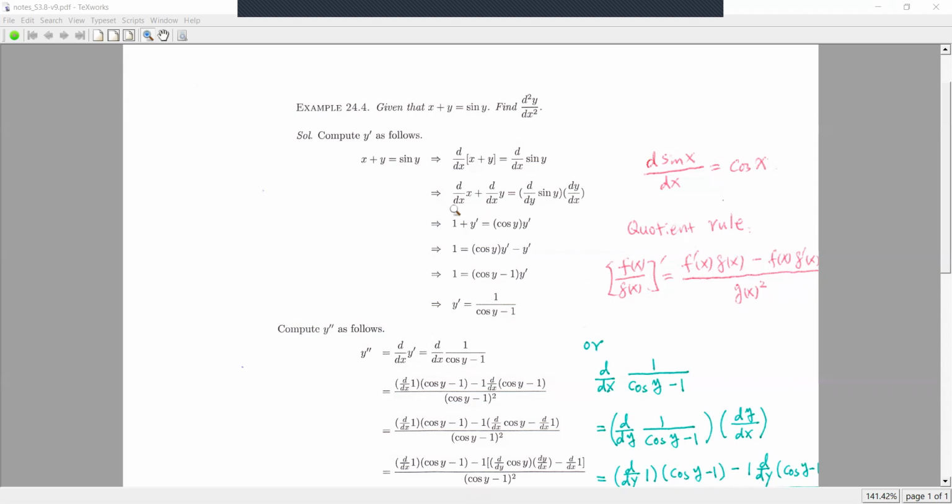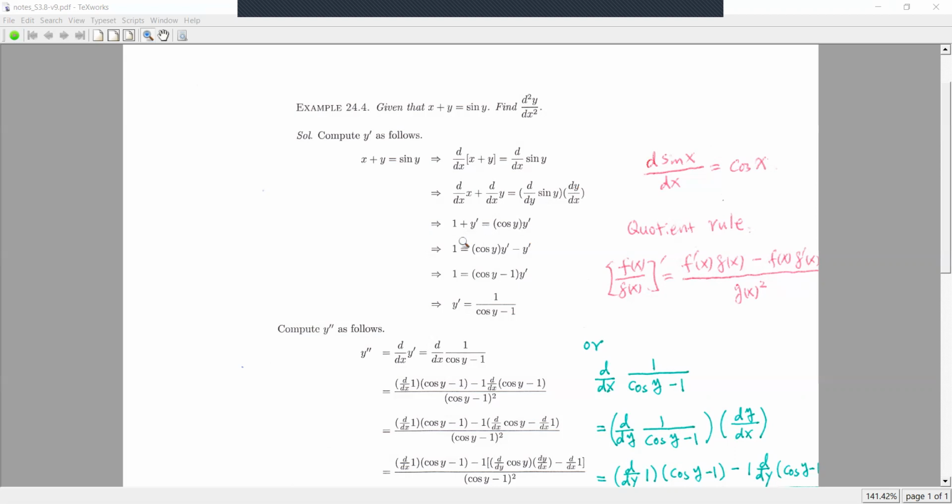Now, the derivative of x with respect to x is 1. The derivative of y with respect to x is y prime. The derivative of sine of y with respect to y. Now I can apply this formula. It is cosine of y. And this is y prime.